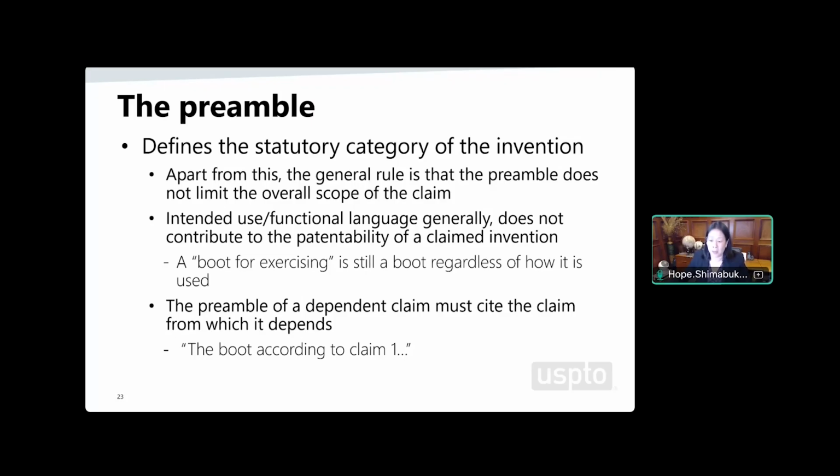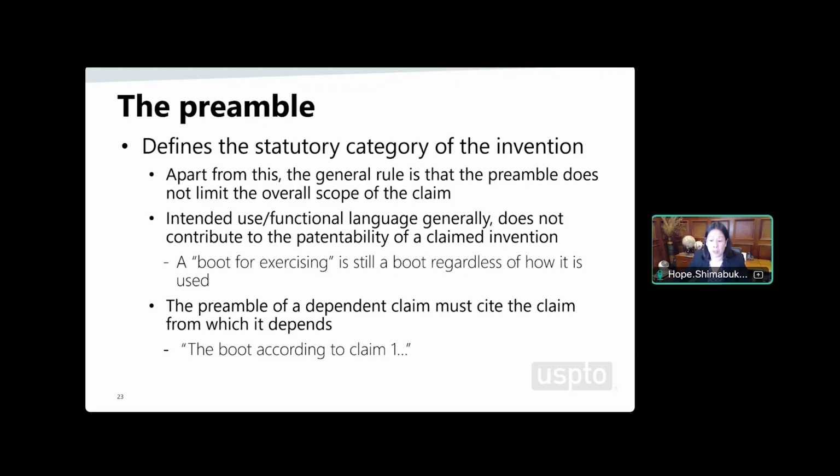And the intended use or the functional language of the preamble generally doesn't contribute to the patentability of the claimed invention. So for example, a boot for exercising is still a boot regardless if it's used for exercising, skiing, scuba diving, or hiking. The term "for exercising" is considered what we call intended use.